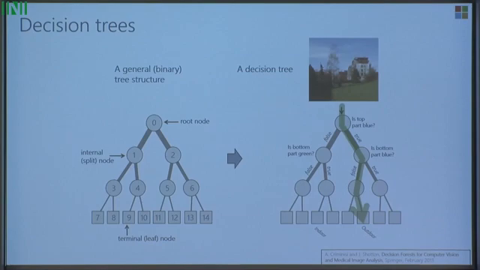And if a question is true, you go to the right, and if it's false, you go to the left. For example, in this picture, the root node asks the question: is the top part of the picture blue? If yes, in this case it's yes, it goes and asks the next question: is the bottom part blue? And that's false, and therefore it goes to the leaf node and basically deems this picture to be an outdoor scene.